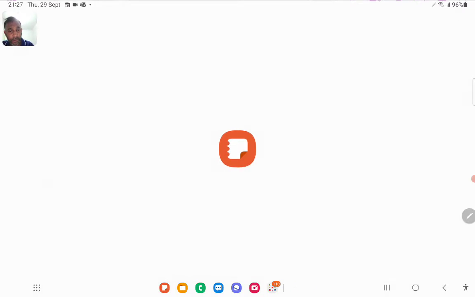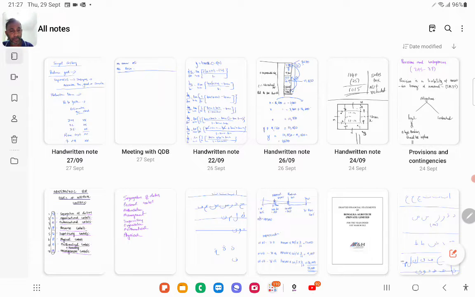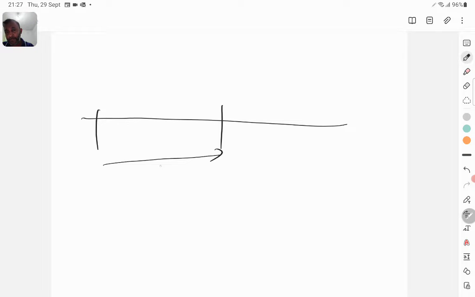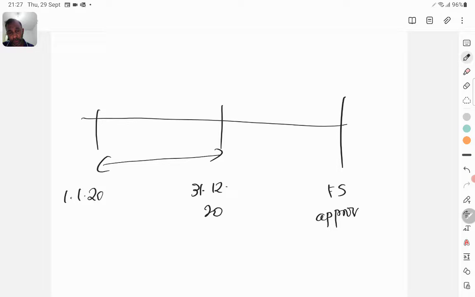When I say that, now if you see here, this is my current accounting period, 1 January 20 to 31st December 20, and this is when the financial statements are approved for publishing by the board.